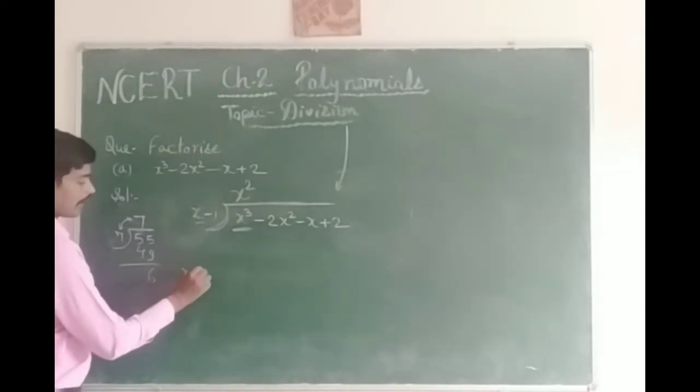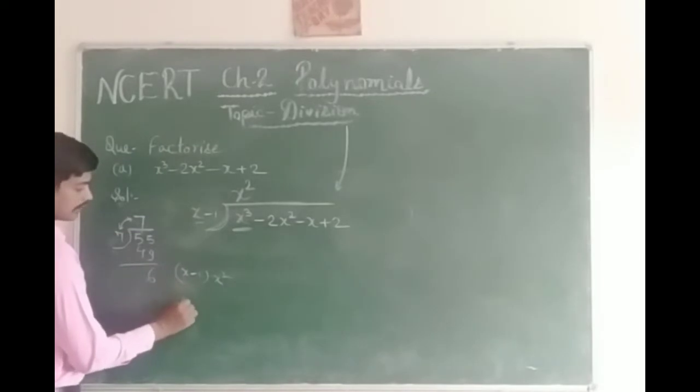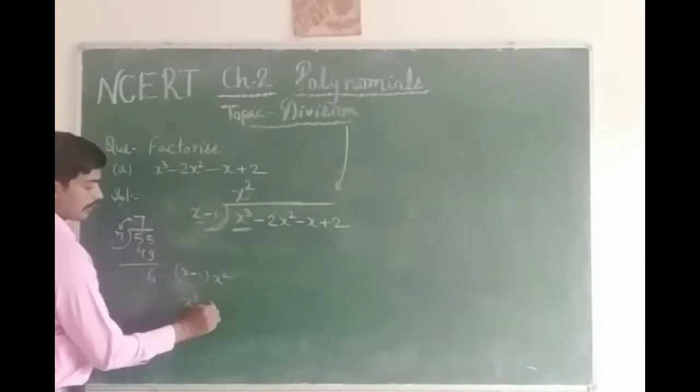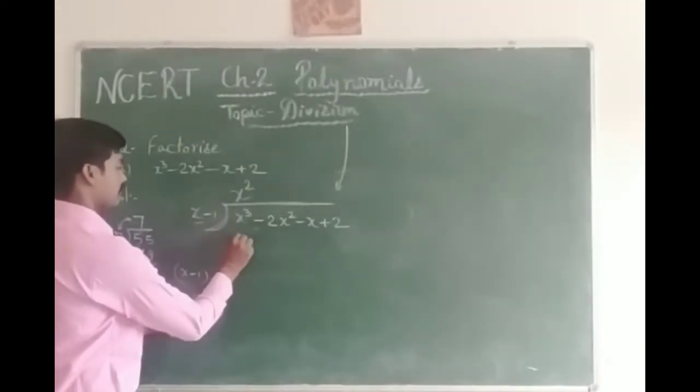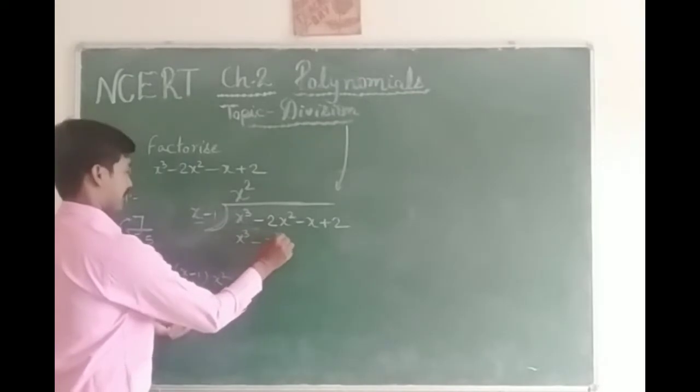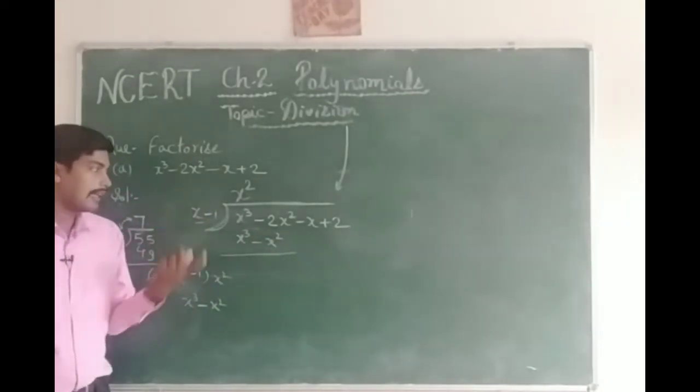Now when we multiply x minus 1 into x square, we get x into x, that is x cube, and with this x square. It means we get x cube minus x square. Let's see again.